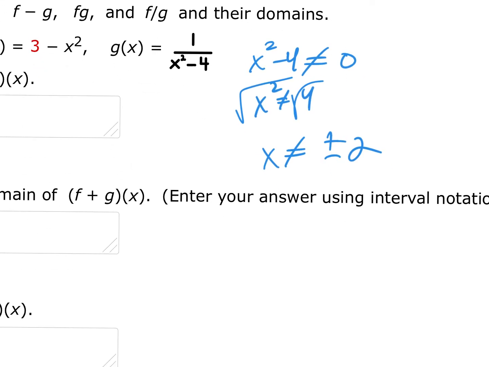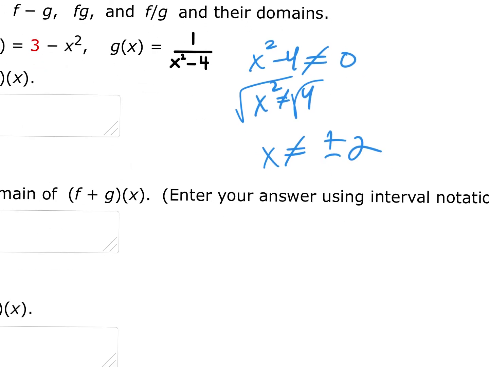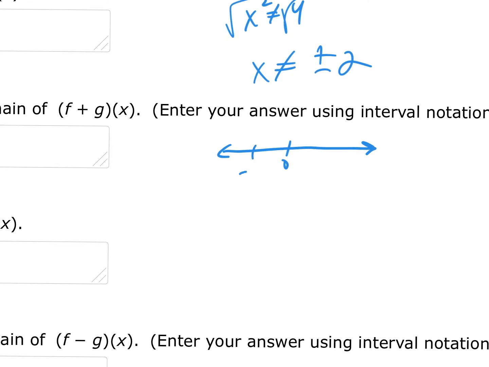Now, if we were going to write our domain just from here, some of you can do that. Some of you are still having problems with that. So a good way to see it visually is to draw a number line. I have negative 2 and positive 2, correct? What kind of circles would I have? I'd have them both open because it does not include, correct?